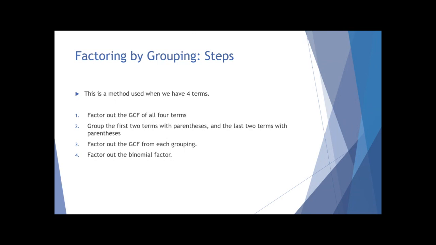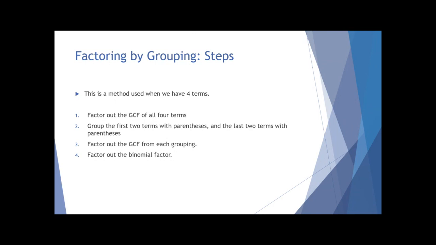So once you've paired things together, then you factor the greatest common factor out of each pair. So instead of factoring all 4 together, you factor out pairs, which is a lot easier. It's easier to find things in common between 2 things than to find things in common between 3 or 4 things. Once you do that, then you factor out the binomial factor.